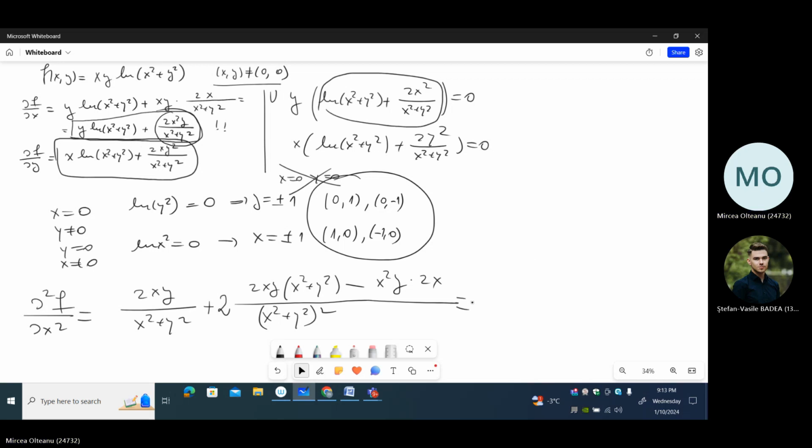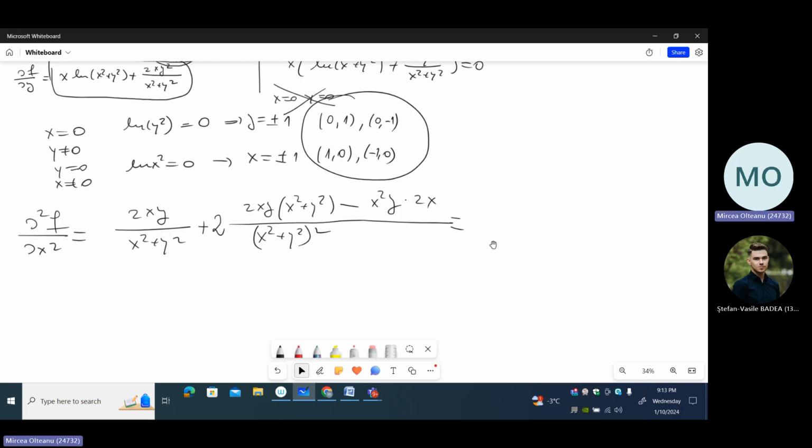So we obtain 2xy over x squared plus y squared plus 2 times, here we have 2x cubed y will vanish with this one, and we get 4.